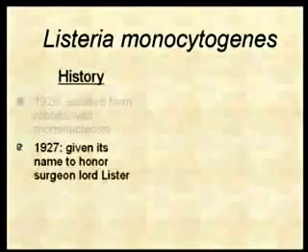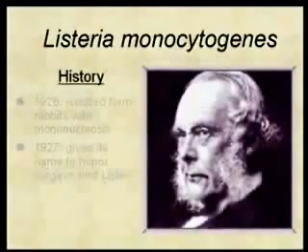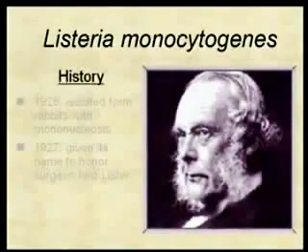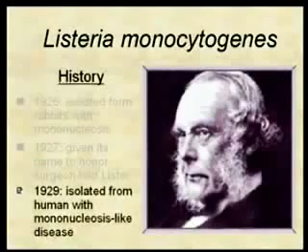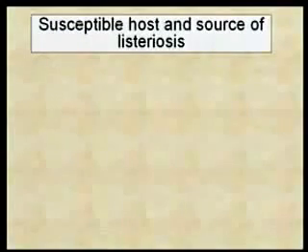He was a well-accomplished surgeon, and he was honored by giving Listeria monocytogenes a name. In 1929, it was isolated from humans with mononucleosis-like disease. If you have learned about infectious mononucleosis, you will know the symptoms, and we'll talk about the symptoms in a minute.